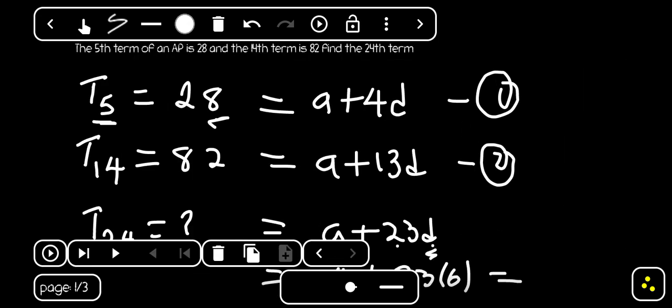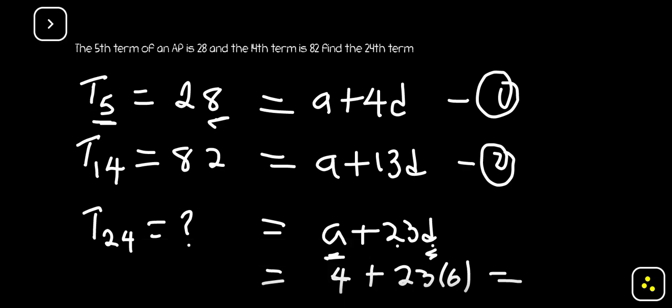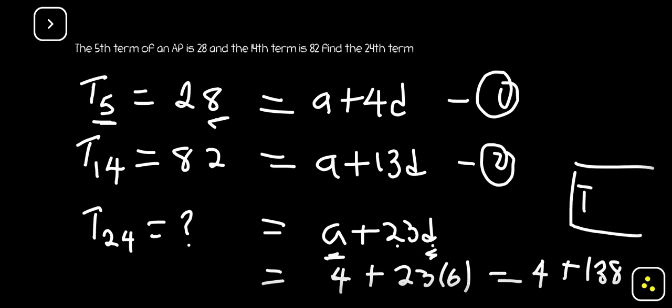Okay, 4 plus 6 times 23 gives us 138. So this is 4 plus 138. If we add this, our final answer, the 24th term, T24, is equal to 142. And this is the answer.